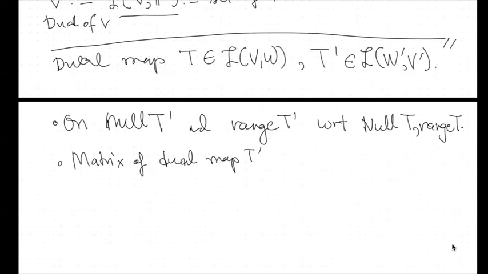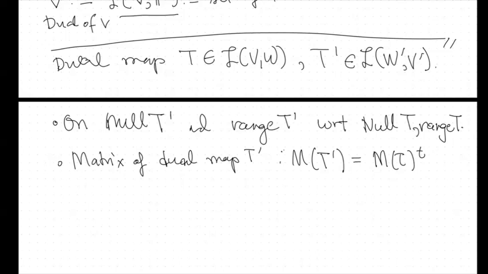And also we get the matrix of the dual map, which is denoted as M of T prime, and is equal to the matrix of T, take the transpose. We also have the definition of annihilator.